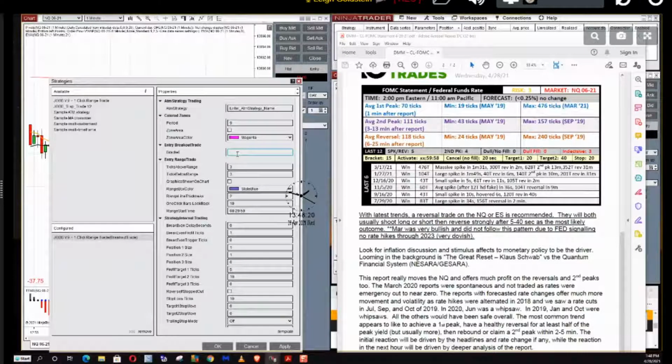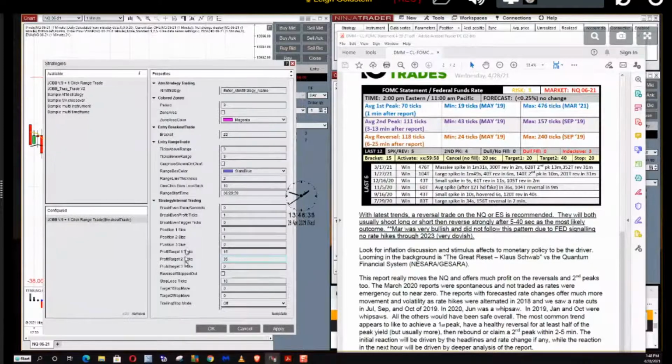That's what I'm seeing with the NQ. Our first target, I'm just going to shrink to 15. And then the second target, I'm going to put on 35. So I'm increasing the bracket a little bit. I'm shrinking the targets, a tiny bit.